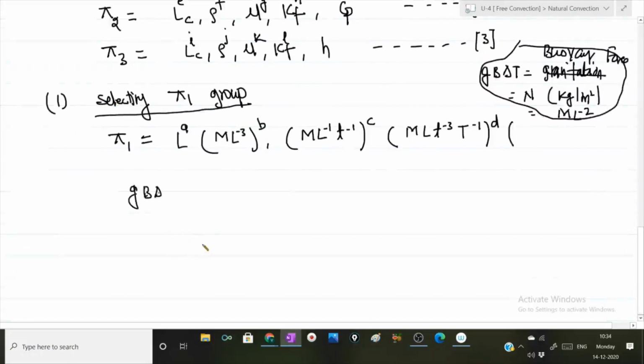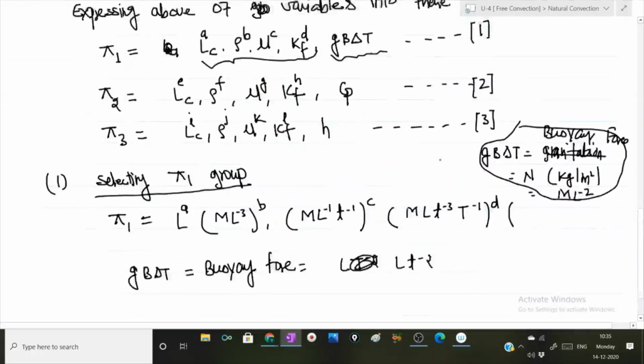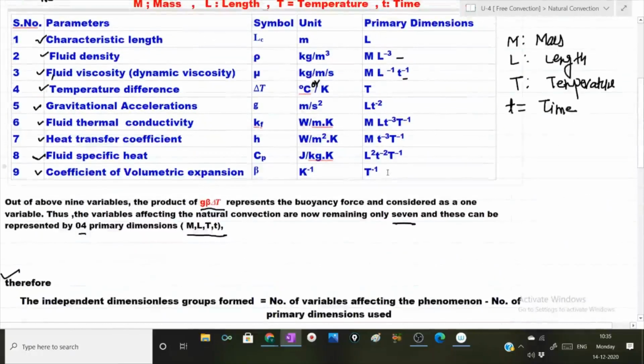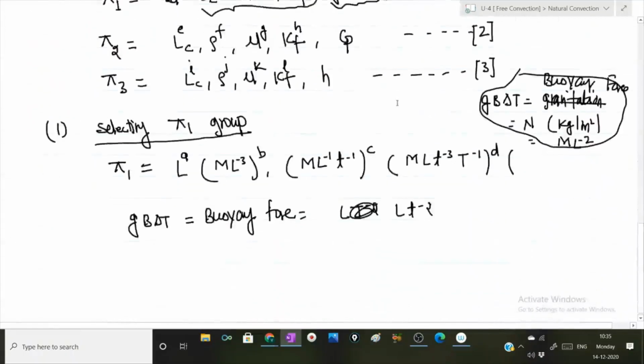G beta delta T, buoyancy force. The primary dimension of G is L T minus 2, where capital L is length and small t is time, as you can see from this table. The primary dimension of beta is capital T minus 1 and temperature is capital T, so they will cancel out each other.